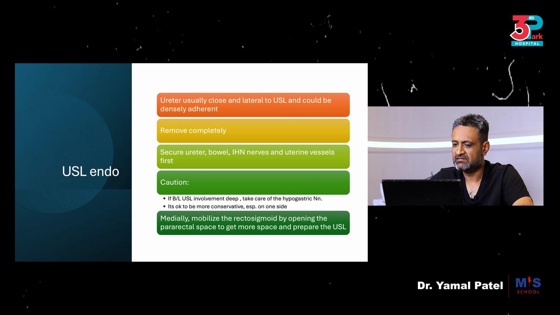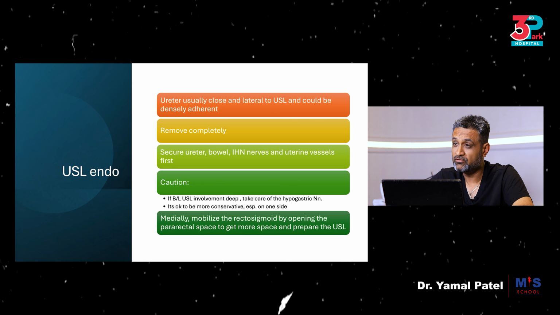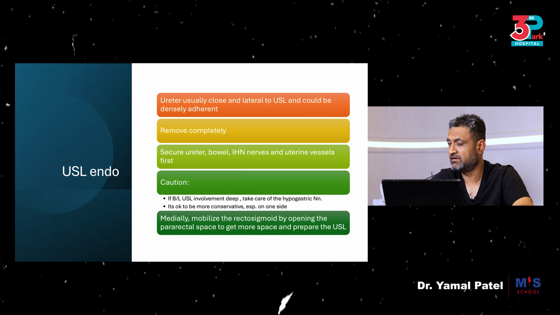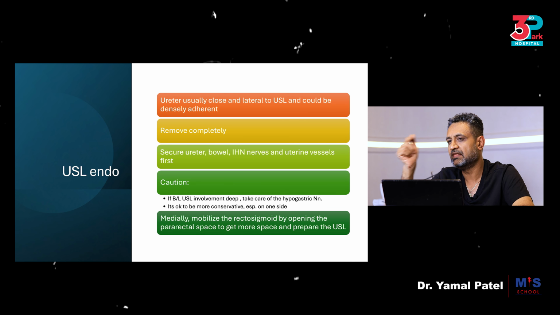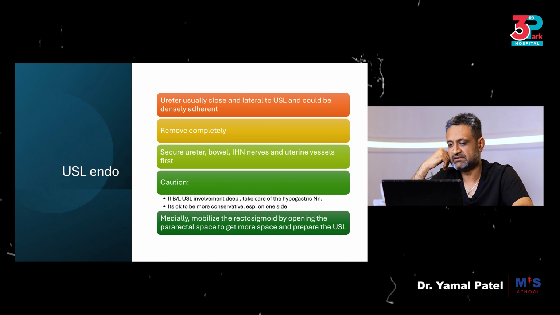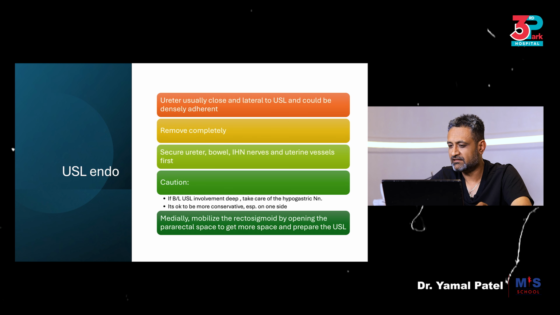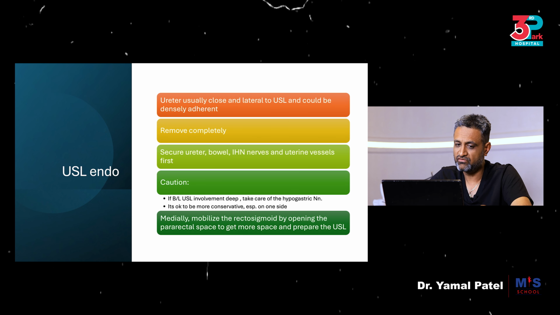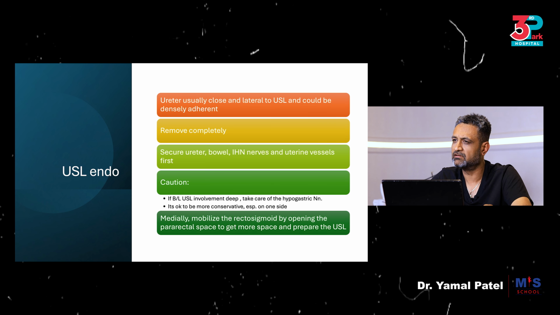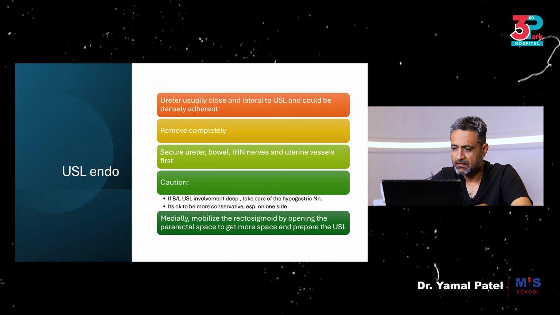Be cautious when you have bilateral uterosacral involvement, especially when it's deep, because you have to take care of the hypogastric nerves that are just lateral to the uterosacral ligament. And it's okay to be more conservative on one side in such a scenario to ensure that you don't at least damage both hypogastric nerves.